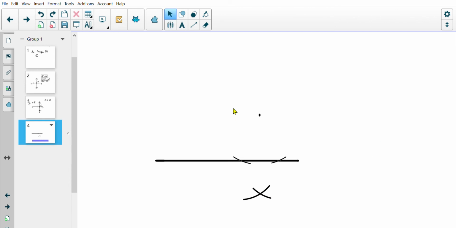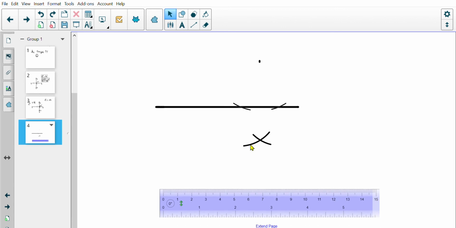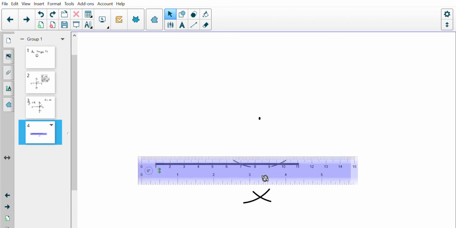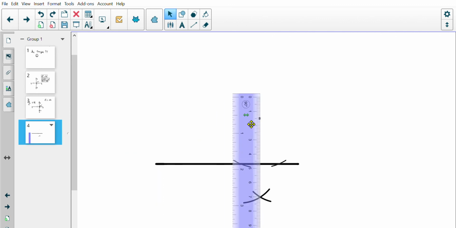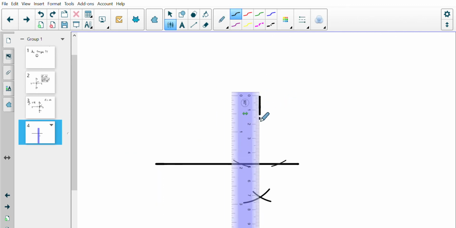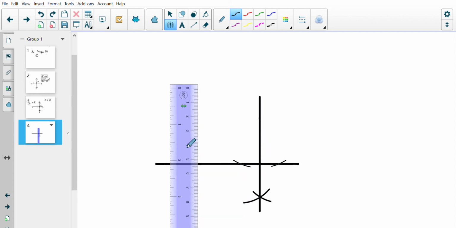Now we have been given the initial point and an intersection point. So now all we have to do is construct a line passing through both of them like this. So 8 centimeters shall do it. We had the point right here, and the point was point P, and this is the line.